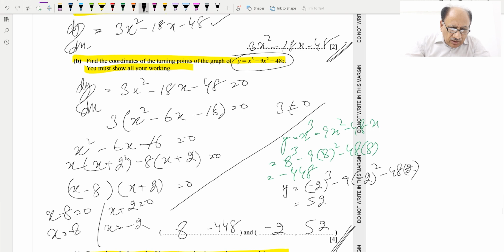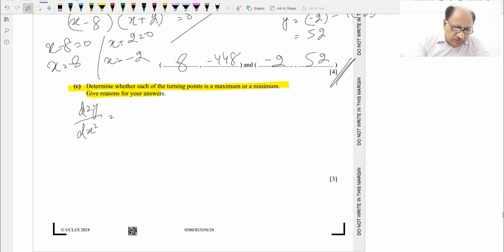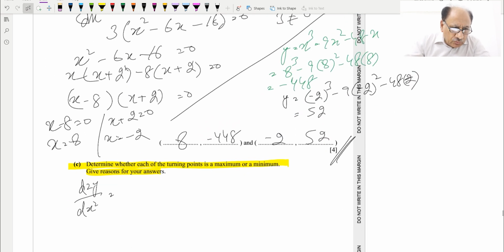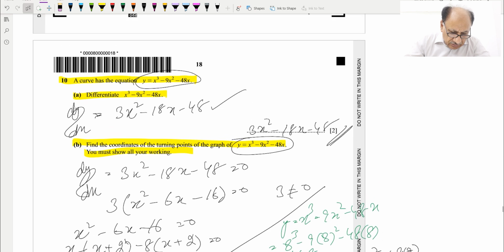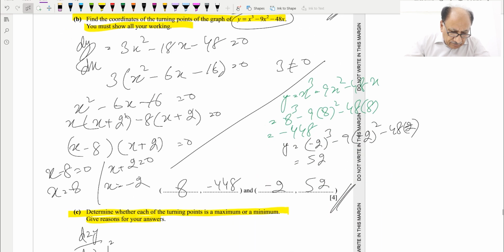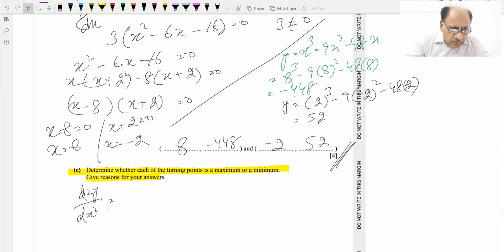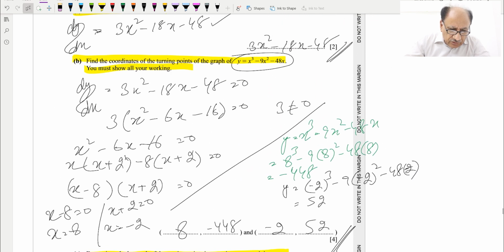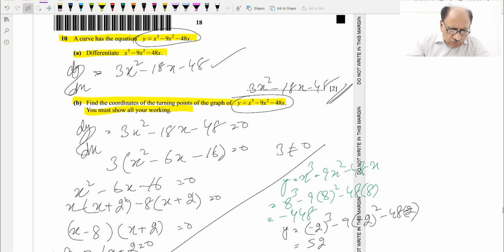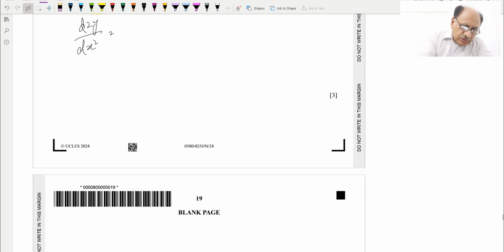So second order derivative will be 6x minus 18. Yeah, we can even take the derivative of this one. Okay, so 6x minus 18 we can use.